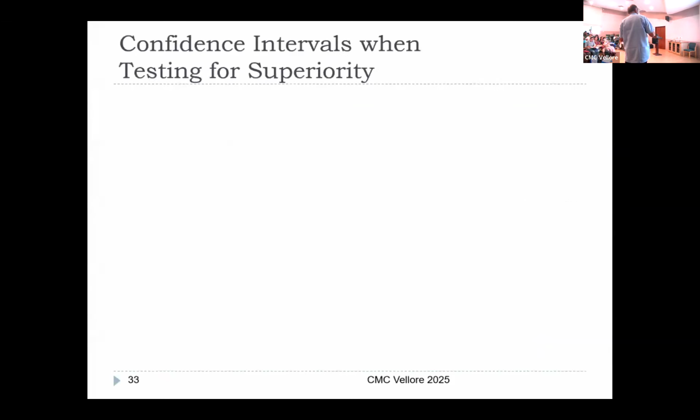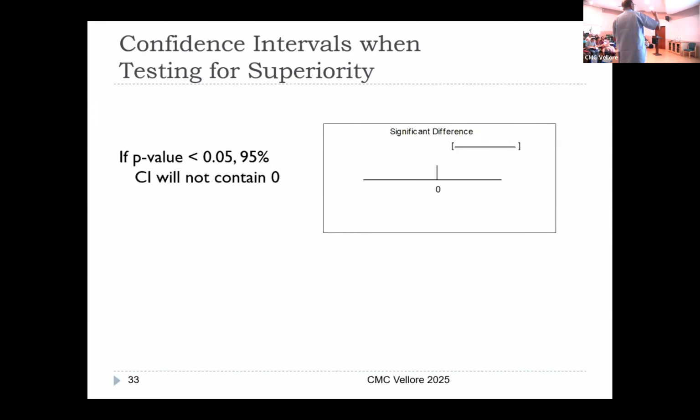Another way of thinking of superiority trials is in terms of confidence intervals. Why? Because I'll talk about non-inferiority in terms of confidence intervals. But if the p-value is less than 0.05, then the 95% confidence interval for the difference in the parameters, so now it's the difference in means, or when you take the logs, you could have 0, or you could take a relative risk, it's around 1.